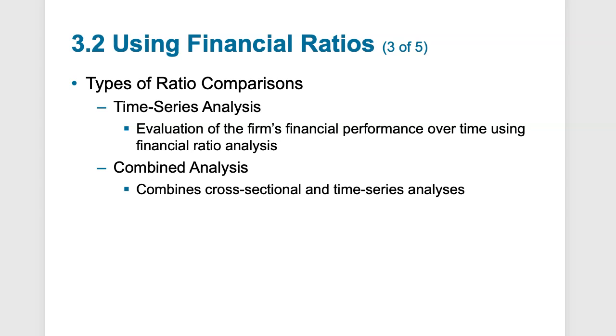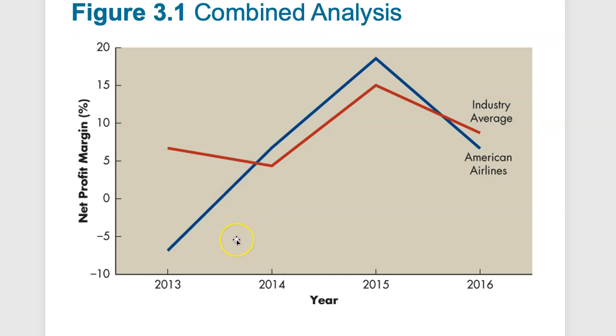in a time series. Now, a combined analysis will combine a cross-sectional with a time series analysis. So let's look at all the different competitors in a time series analysis. So it's a more complex analysis looking at the two together. So here, if we're doing a combined analysis, we have 2013 to 2016 for the industry in red and American Airlines in blue.